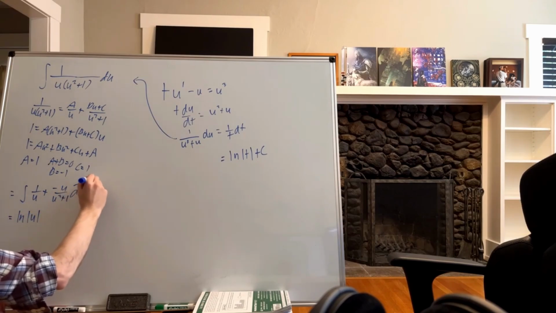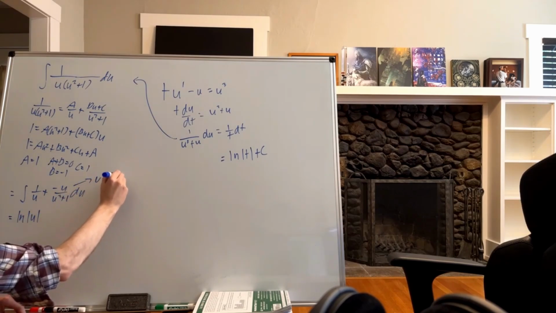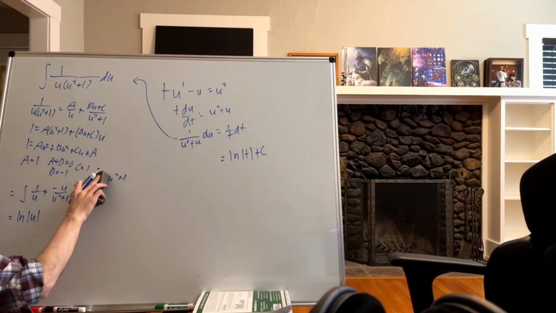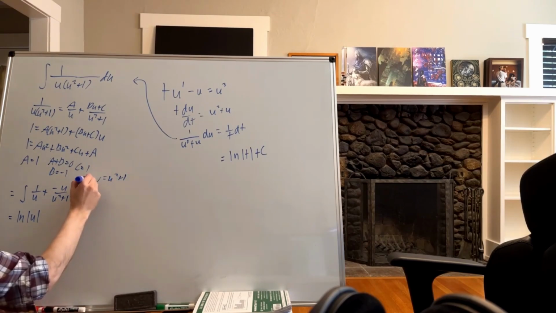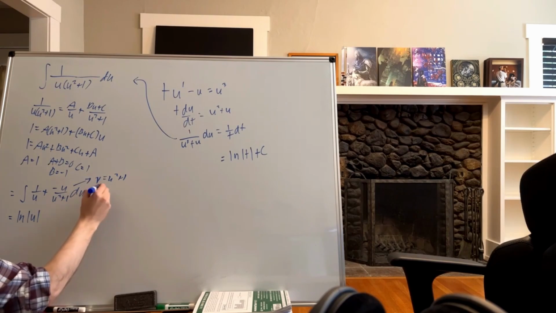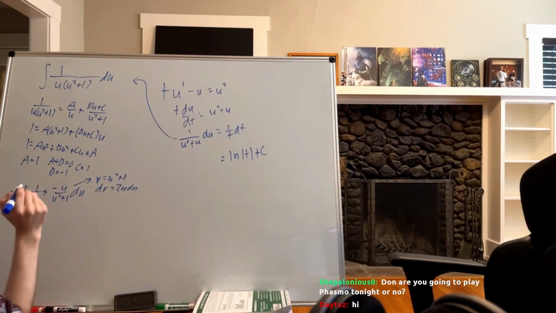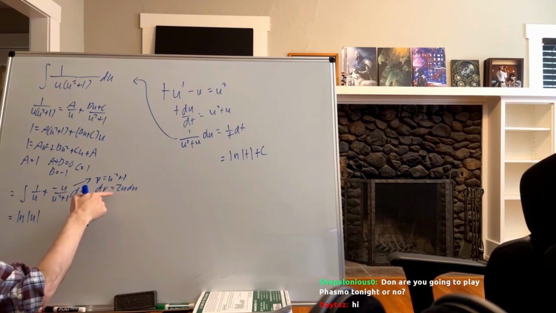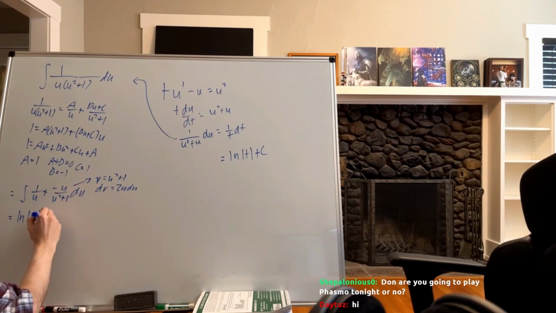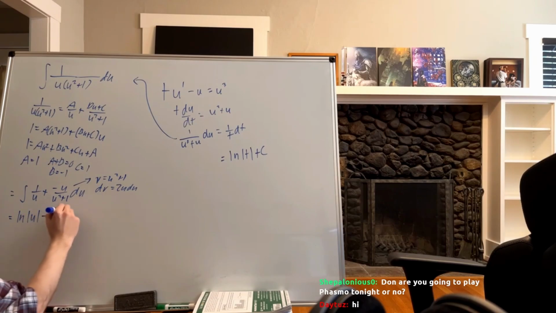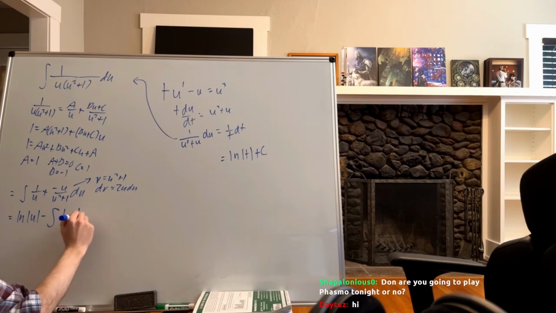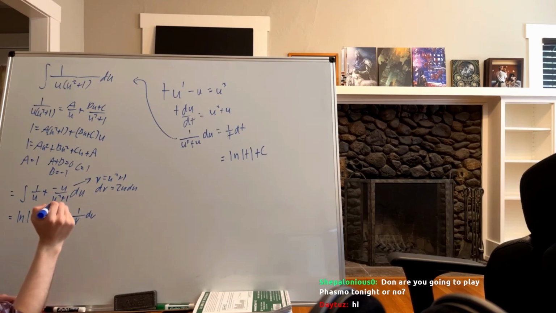For this one, v is equal to u squared plus 1. dv is equal to 2u du. And then that u will cancel out with that u. Minus integral 1/2 1 over v dv.